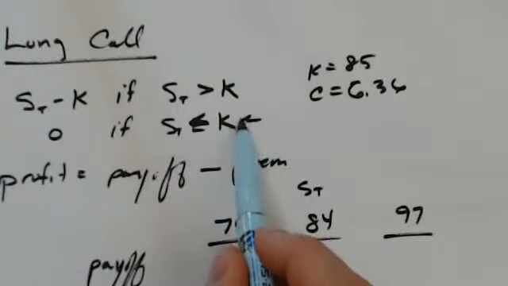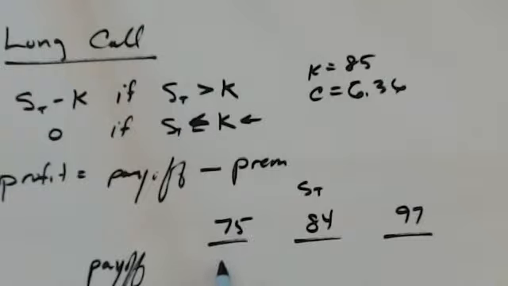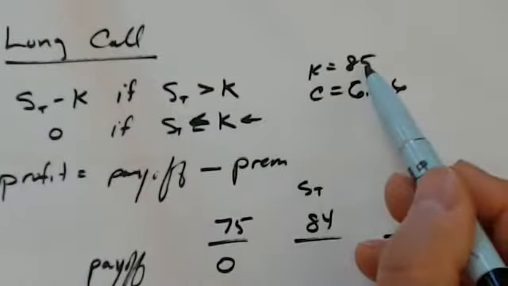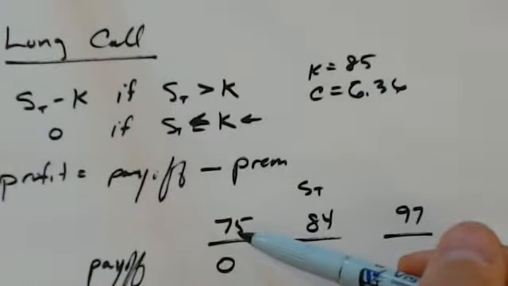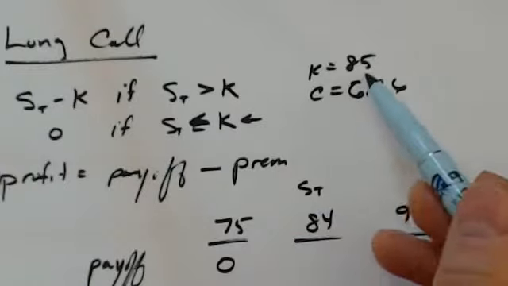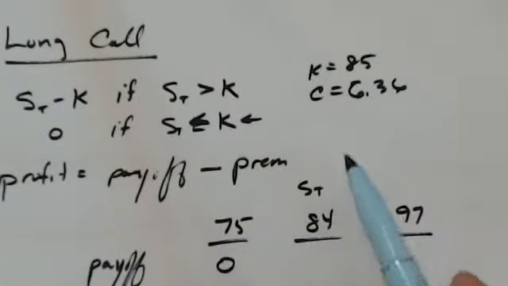From the holder's perspective, you would never want to exercise this option and pay $85 for the stock when it's trading in the market at 75. You'd actually lose $10 by exercising, so you would never do it.